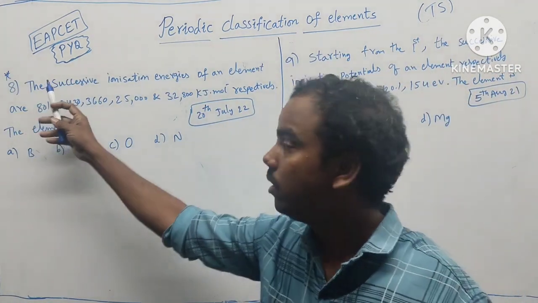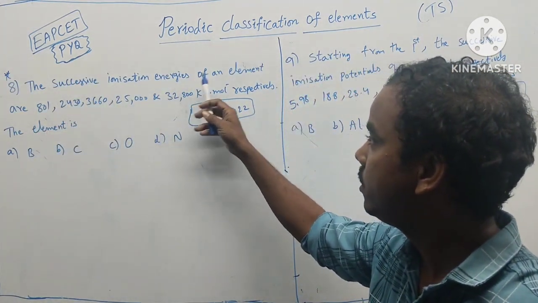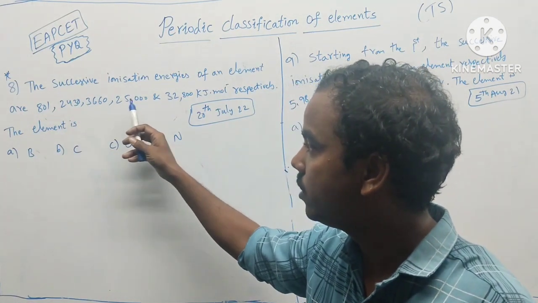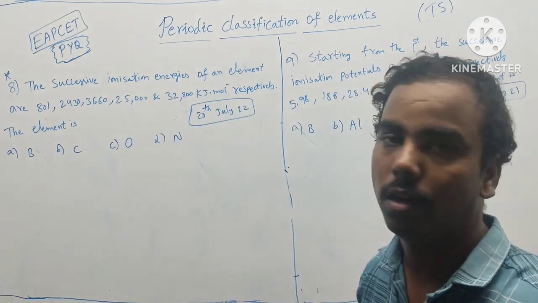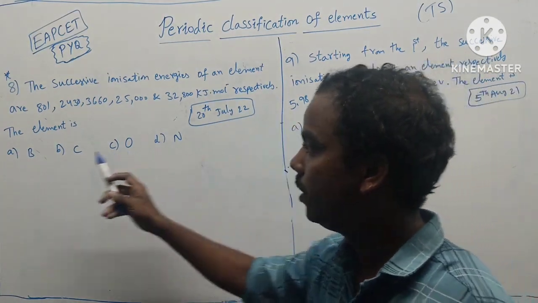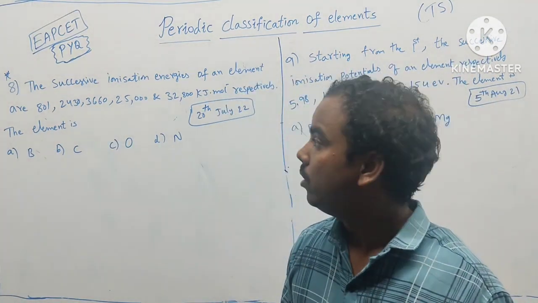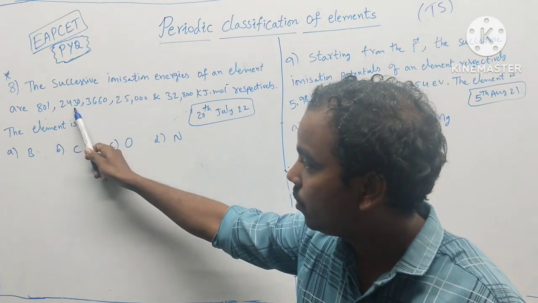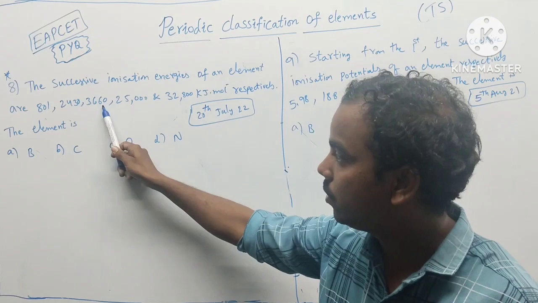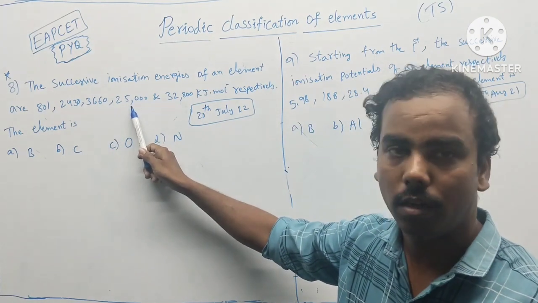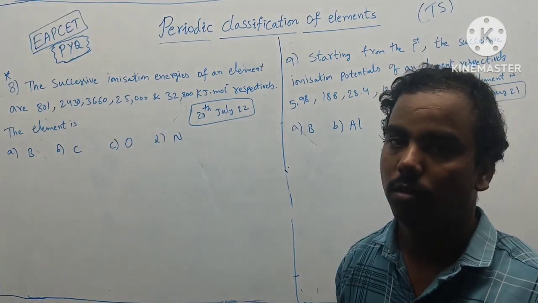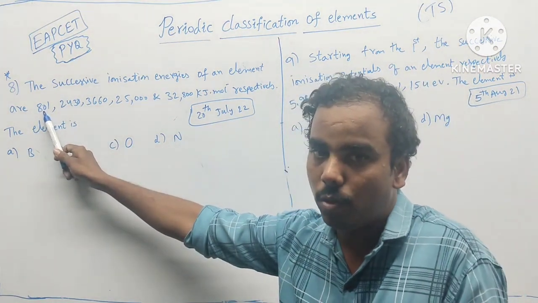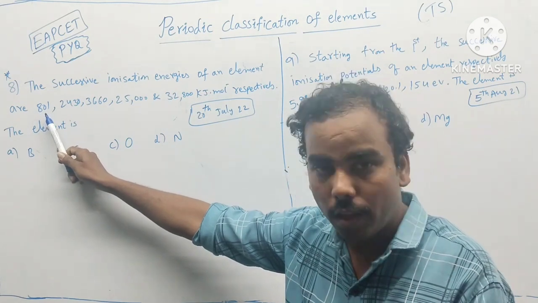So the next one: the successive ionization energies of an element are 801, 2430, 3660, 25,000, 32,800 kilojoules per mole respectively. The element is? Observe: first 801, next 2430, next 3660, suddenly it increases here to 25,000.